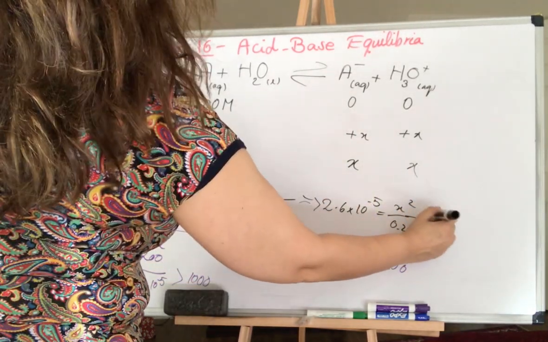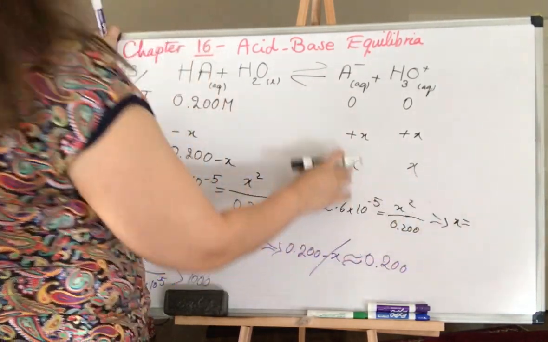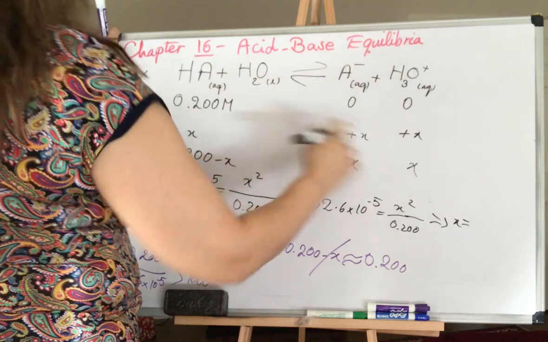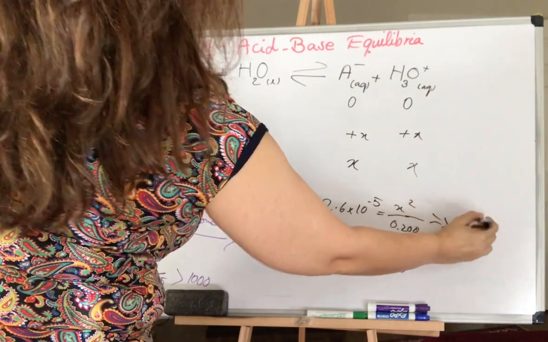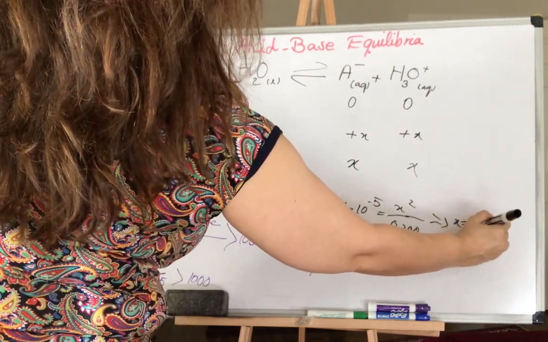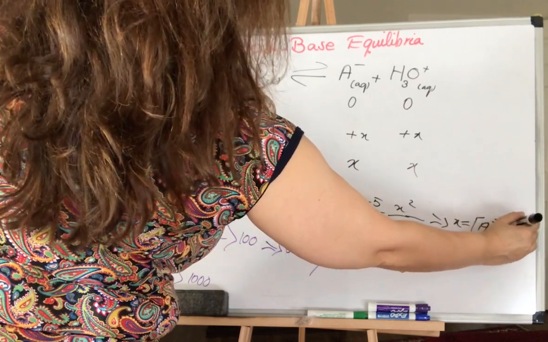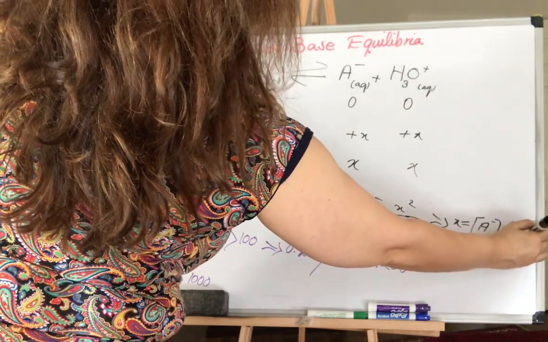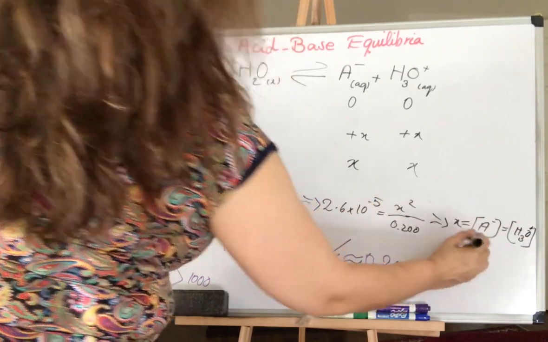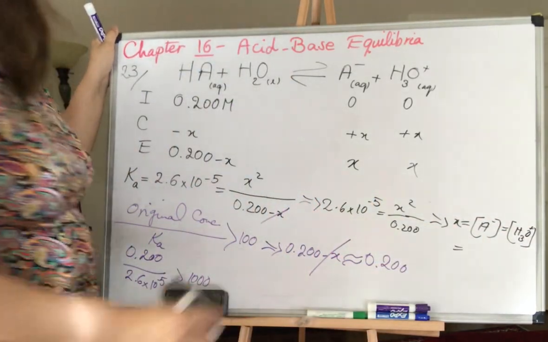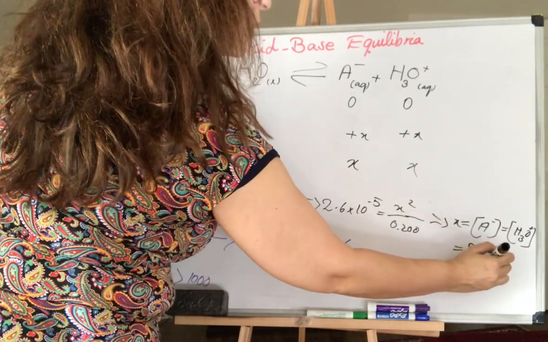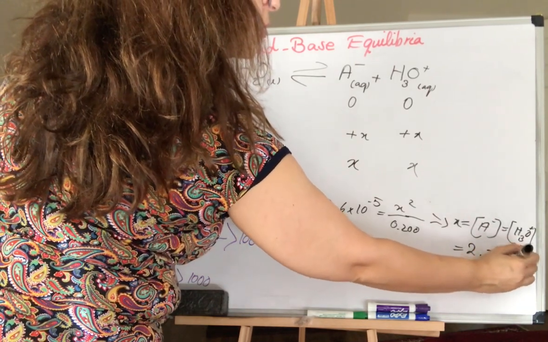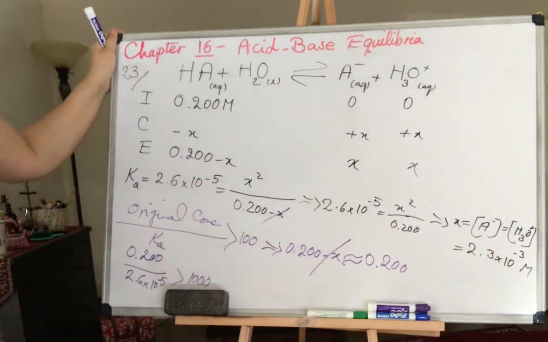So x, which is going to be what? The concentration of hydronium ion and the anion are going to be 2.3 times 10 to negative 3 molar. Okay?